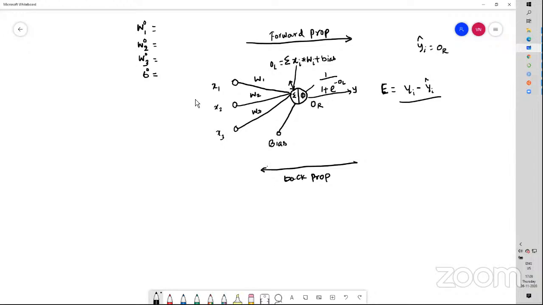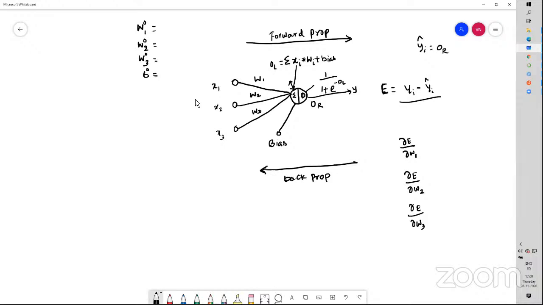Using the back prop, we will try to find out the gradients. What do we need to find out? We need to find dou E with respect to dou W1, dou E with respect to dou W2, and dou E with respect to dou W3. These are the three gradients we have to find out.